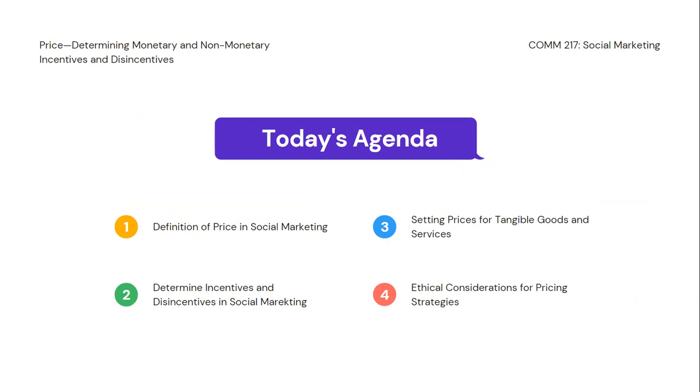Second is we will determine incentives and disincentives in social marketing. Third, we will be understanding how to set prices for tangible goods and services. And lastly, we will be discussing ethical considerations for pricing strategies.